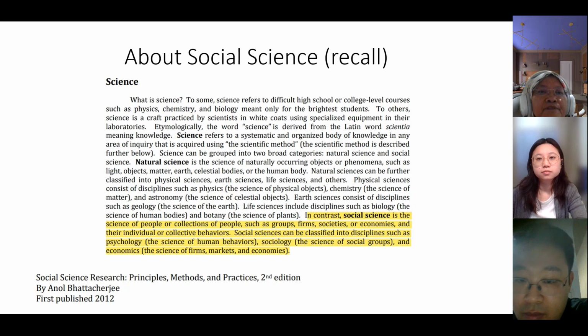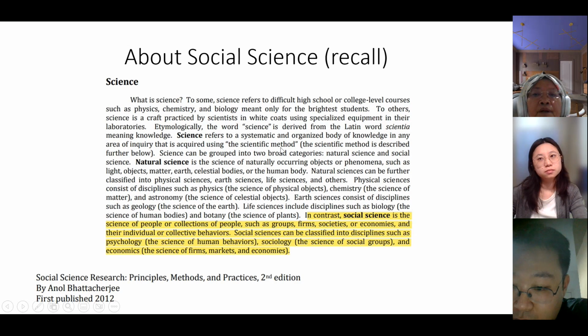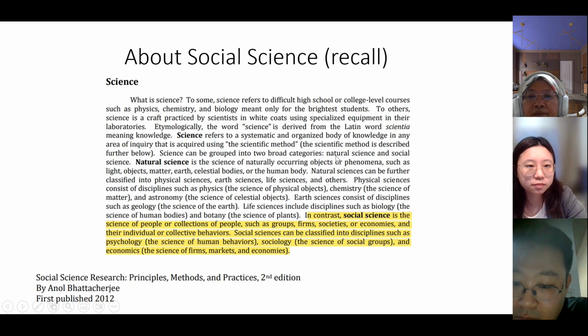Okay, so previously we talked about science. So what is science? Science refers to a systematic and organized body of knowledge in any area of inquiry that is acquired using the scientific method. And we group science into two broad categories, natural science and social science.